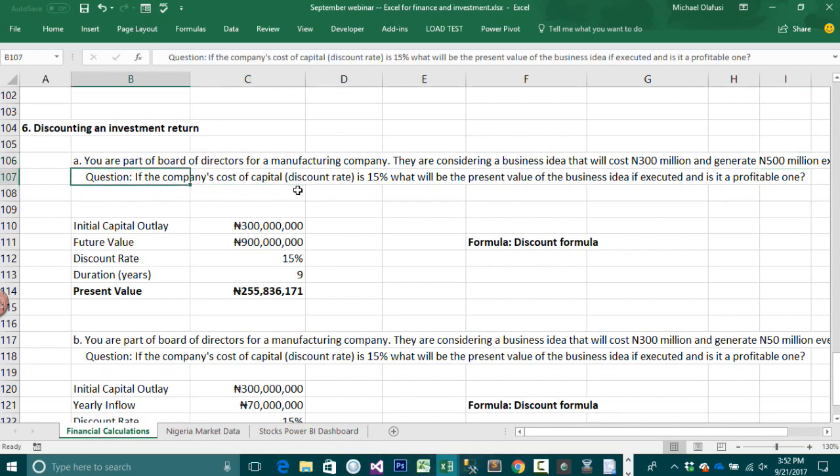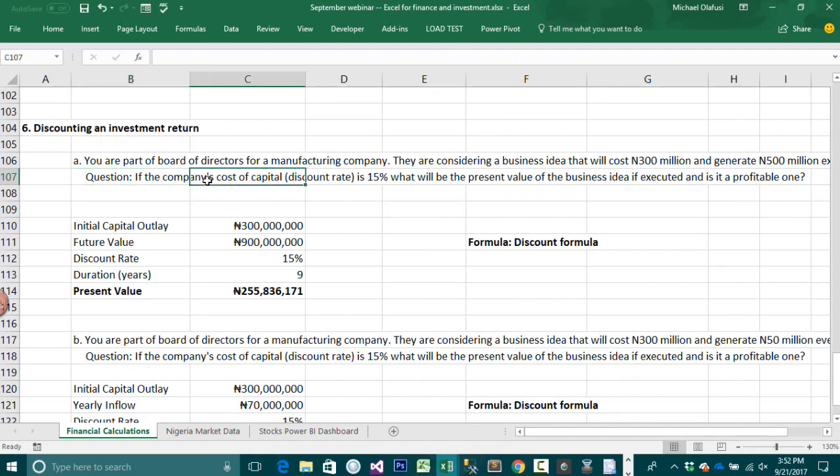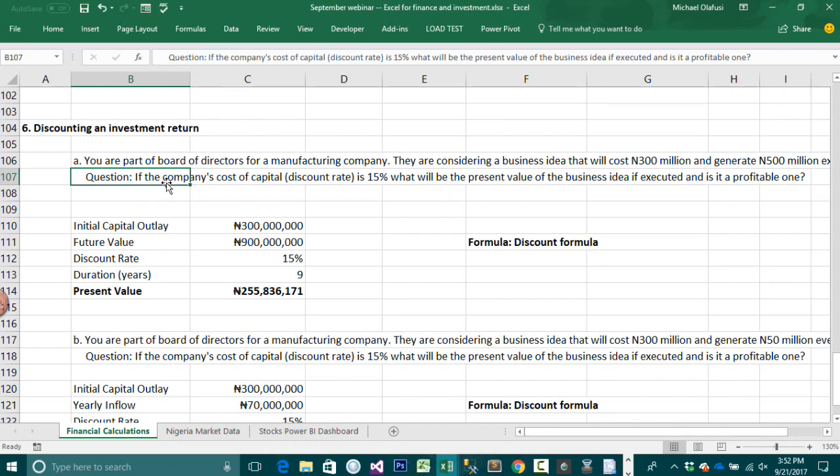If the company's cost of capital is 15%, maybe you borrowed the 300 million naira from a bank at 15%, or as an investor you expect a 15% return on investment on whatever money you've put into the business. So that's why we call it cost of capital for the company. It could be a loan, it could be what the owners of the business are demanding as a return on investment.